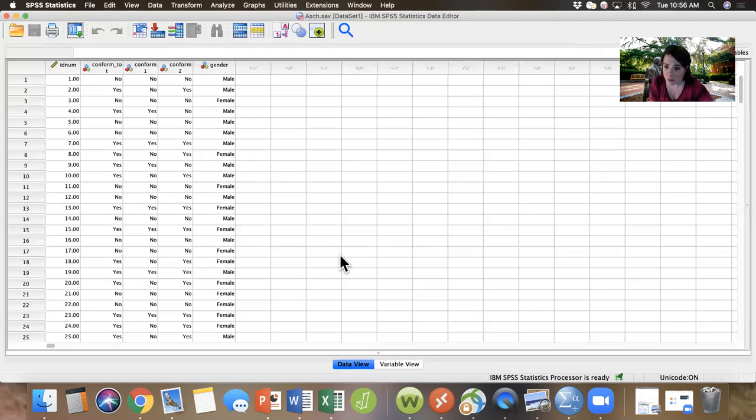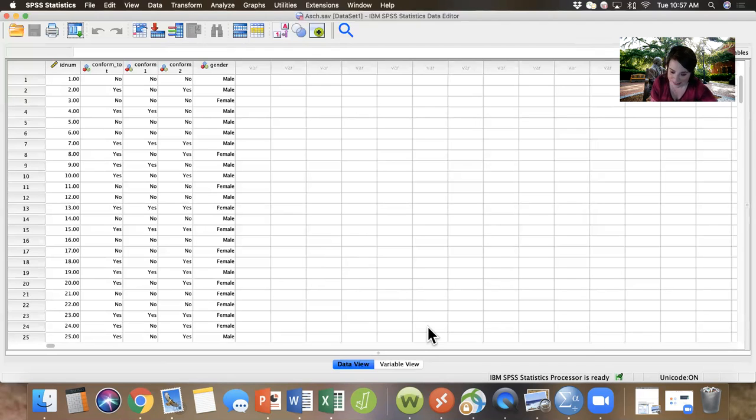Ultimately what Asch found in one of his experiments was that as many as 75% of his participants conformed at least once. They gave the incorrect answer that the Confederates had given, even when they themselves knew the correct answer.